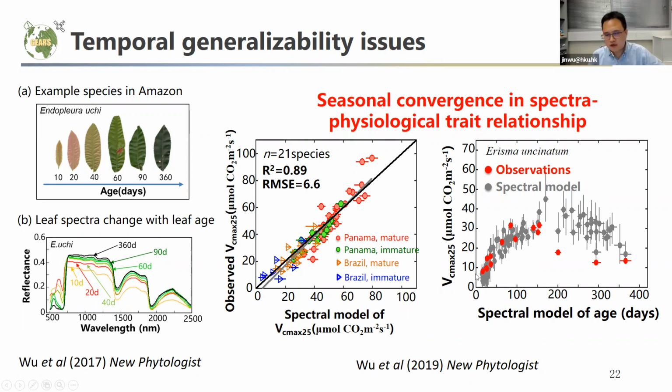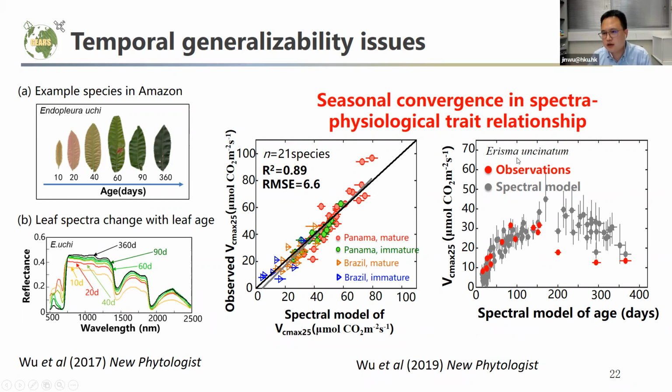Later on, we also wanted to see whether we can use the spectra to infer the leaf age, and at the same time use the spectra to predict photosynthetic capacity, and see whether by itself a time series of spectral reflectance information can help us check how photosynthetic capacity changes with leaf age.